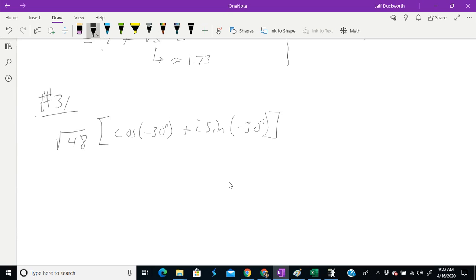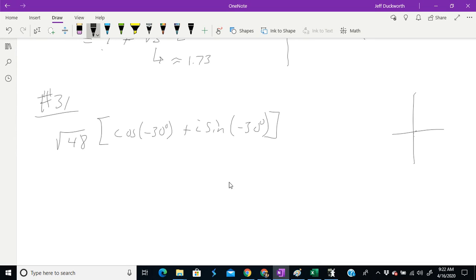We're given a negative angle, so we're going to go 30 degrees this way. Let's try that again.